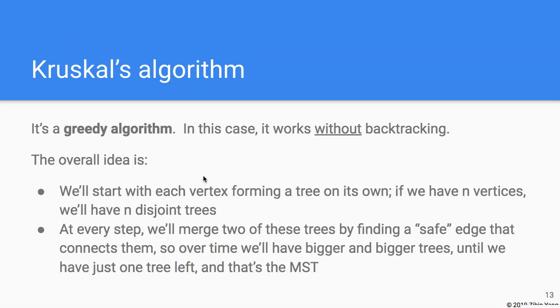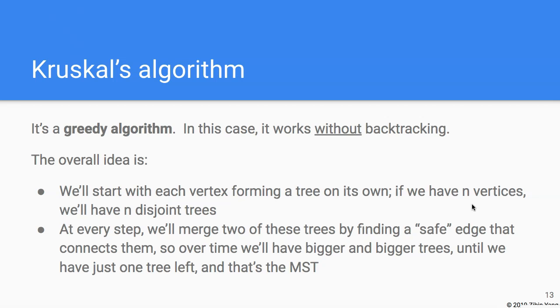Now the overall idea is that we'll start with a lot of small little trees. As a matter of fact, we'll start with each vertex being its own tree. So if we have 10 vertices, we'll have 10 trees, each containing a single vertex.